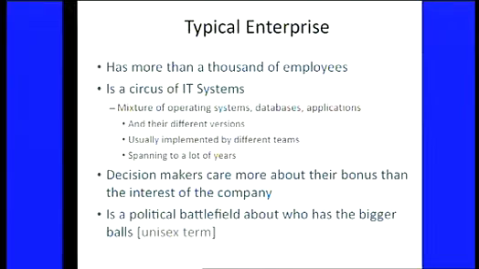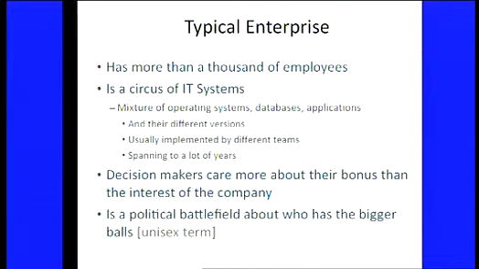We'll come to them. But first, let's talk about the typical enterprise. I mean, I come from the enterprise environment. Like you see here, a typical enterprise has more than 1,000 employees. And it's a circus of IT systems, so everything that you can imagine, all kinds of systems, Oracle, SQL, whatever databases, you'll find in a typical enterprise.